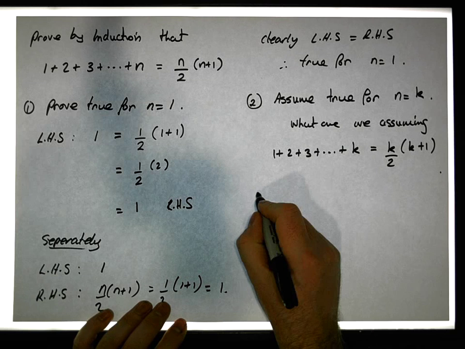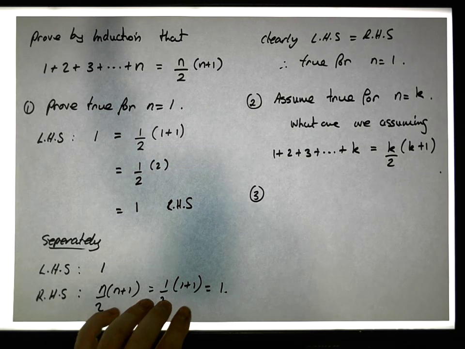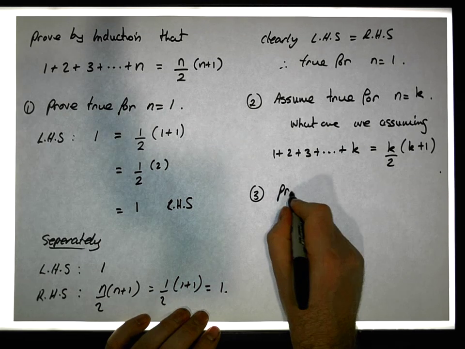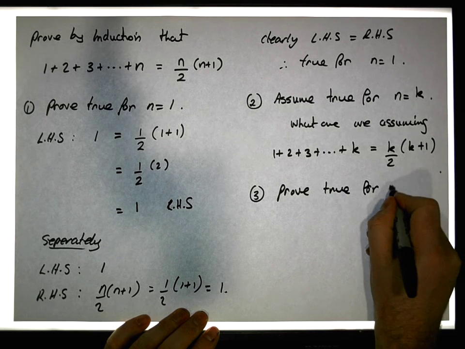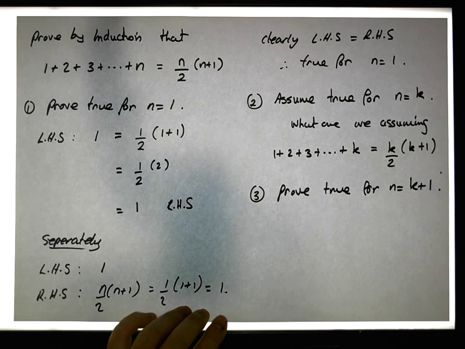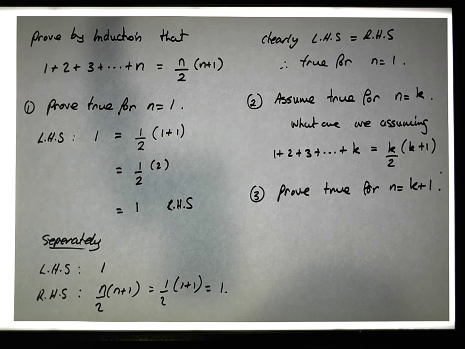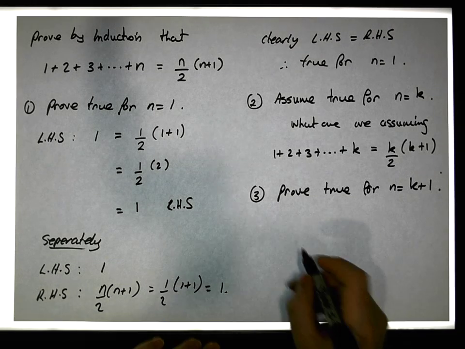So that's step 2 done. Step 3 is we need to prove true for n is equal to k plus 1. So what do we need to show?